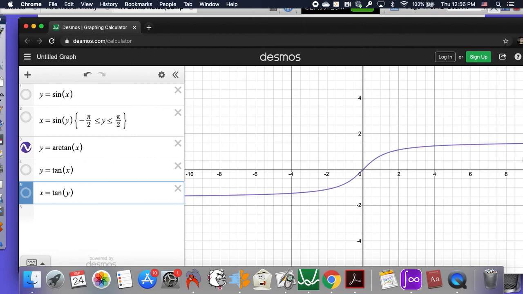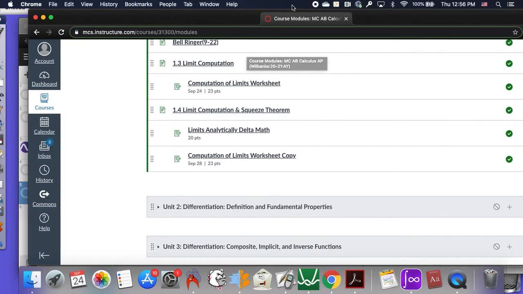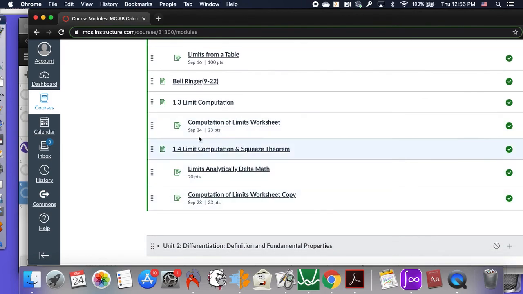All right, and it's limits analytically. You can either go straight to Delta Math if you write this down and know what's going on. Or again, if you look at my Canvas page, Unit 1, the latest thing is going to be down here, 1.4. There's a Delta Math, and then complete that worksheet. All right?